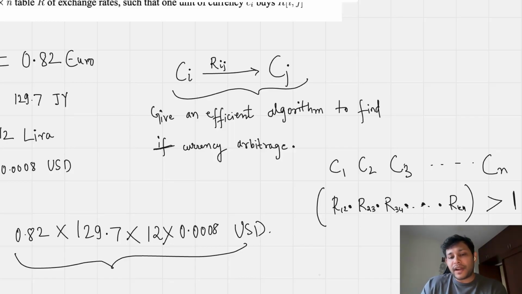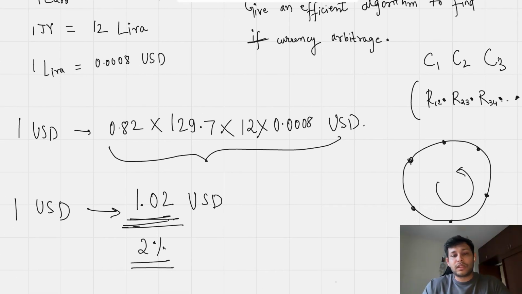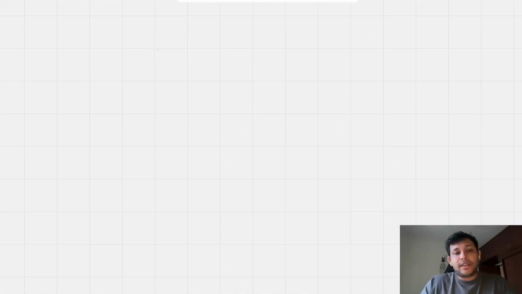So if I'm able to find a cycle with different exchange rates, when I take the product of their exchange rates, and if that total product is greater than 1, then I can say for sure that I'll be able to make profit. So ultimately, what we have to find is R1,2 R2,3 and so on.